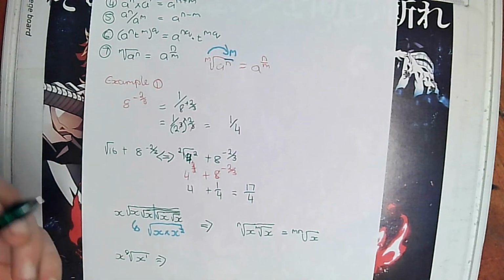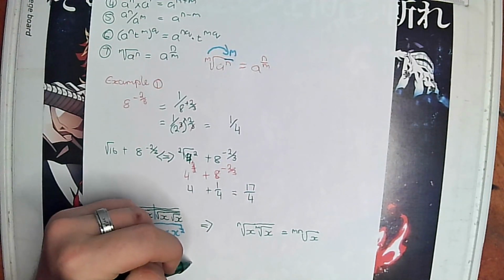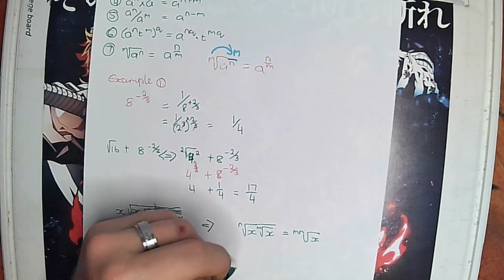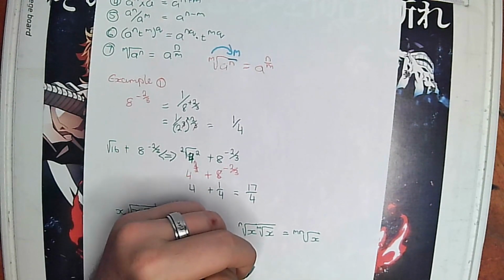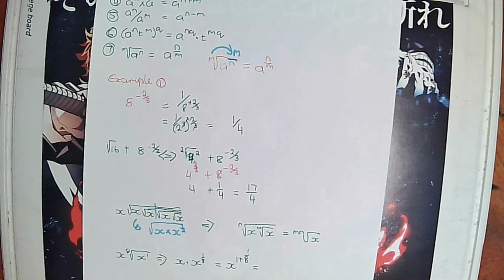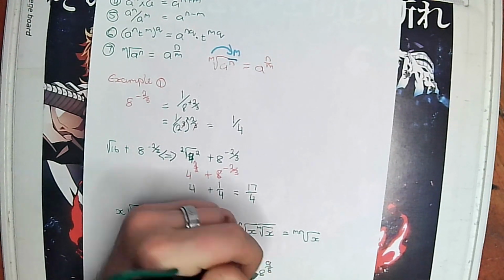x times x to the power 1 over 8, which is basically x to the power 1 plus 1 over 8, which is equal to x to the power 9 over 8.